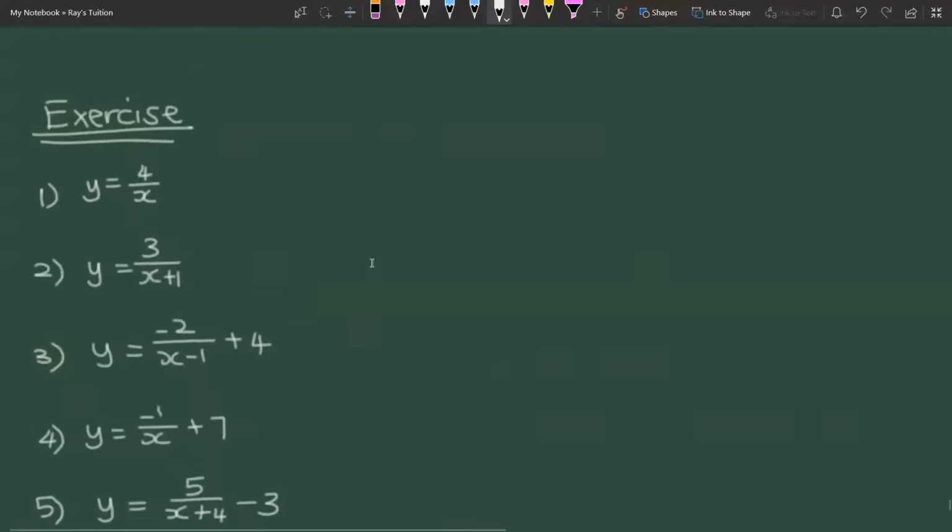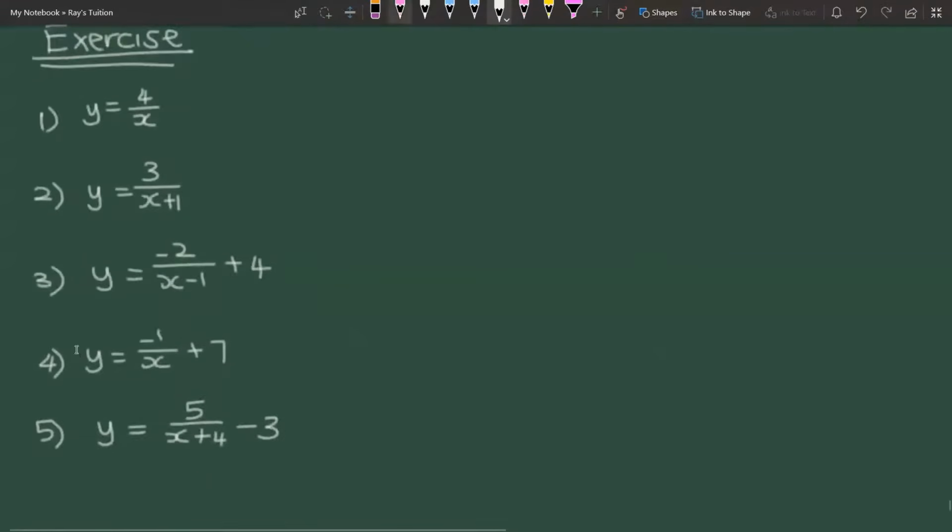So here we have a few hyperbolas and we're going to have to write down the asymptotes. Now, the first one, we have y is equal to 4 over x. And in the previous video, we said that we can write this as 4 over x plus 0 plus 0. And that becomes more clear to us what is our p and q value.